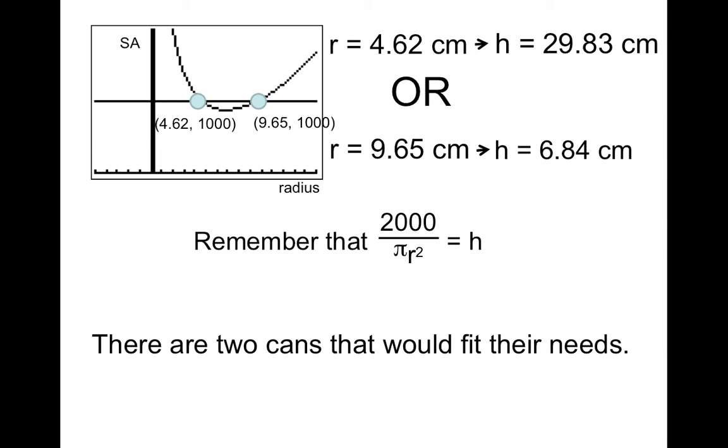There are two cans that would fit their needs. They could pick a can that has a radius of 4.62 and a height of 30 centimeters. They could pick a can that has a radius of almost 10 and a height of almost 7. And they could figure out which one would fit their need better, but it would meet the requirements that they started this problem with. Okay, we'll stop there.